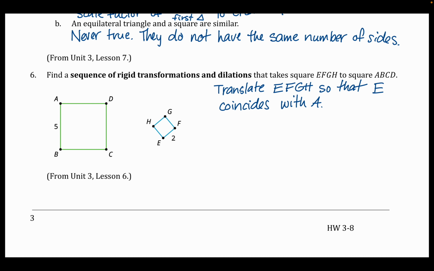Now I am going to rotate this into the correct position, and we're going to use the points that are already lined up now.